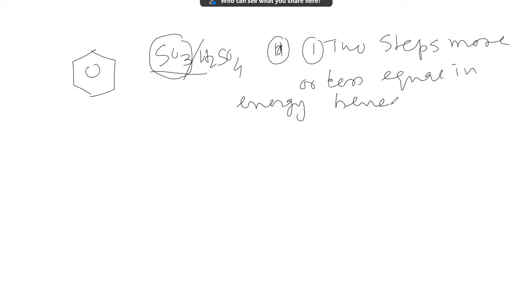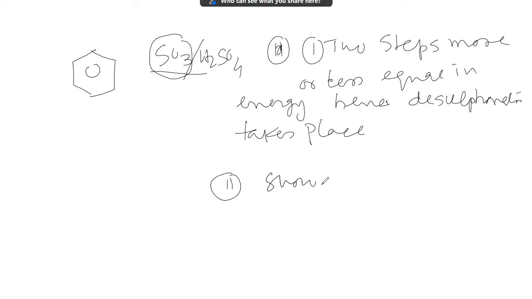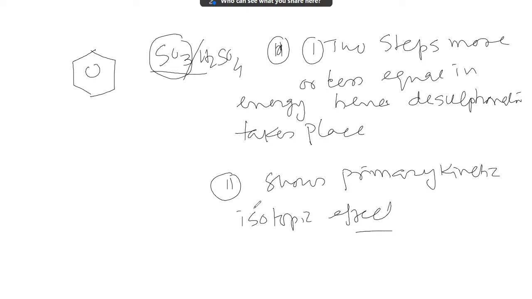Hence, desulfonation takes place. Number 2, it shows a primary kinetic isotope effect. It means with deuterium, the chance for substitution is less than that of replacement of H. This is about monosubstitution reactions of benzene.